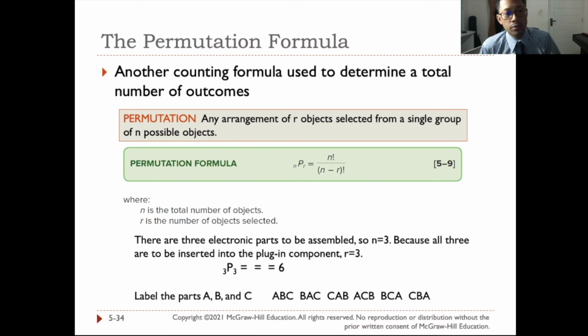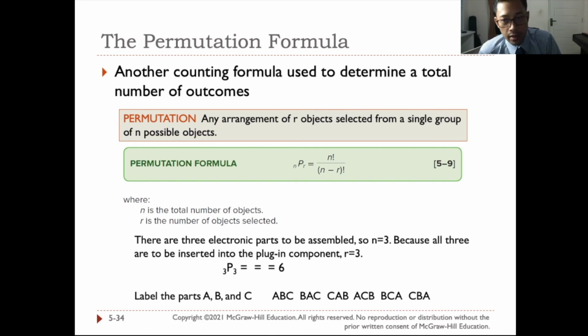Now suppose that there are 3 electronic parts to be assembled, so n is equal to 3, and because all 3 are to be inserted into the plug-in component, r is 3. So 3P3 is equal to 3 factorial, which is 3 multiplied by 2 multiplied by 1, divided by n minus r factorial. Since n is 3 and r is 3, 3 minus 3 is 0, and 0 factorial is 1.